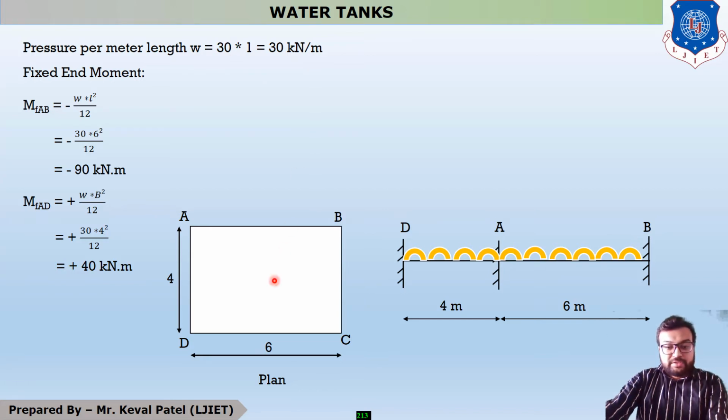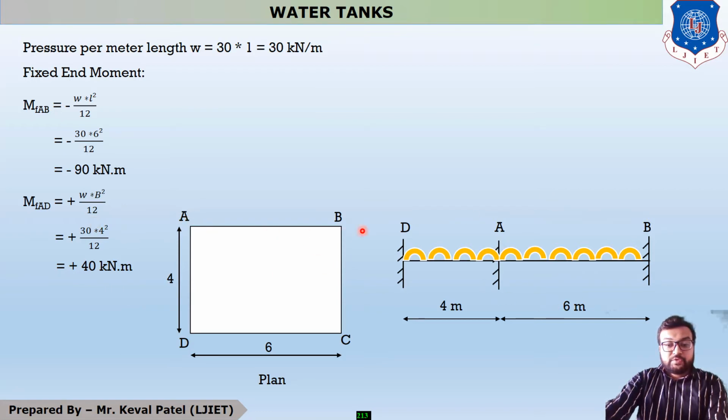Okay. So students, this is the plan in which this is A junction, this is B junction, this is C junction and this is D junction. And all the junctions are always considered as fixed junctions. Okay. So now if these four junctions are fixed, then if we cut this junction from here and go to this side, the figure is like this.